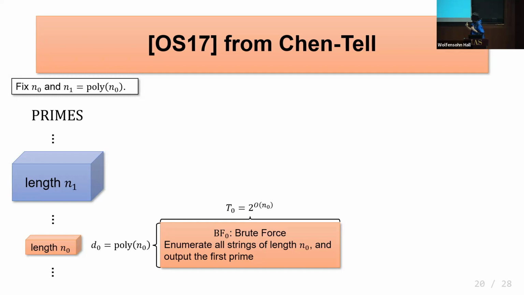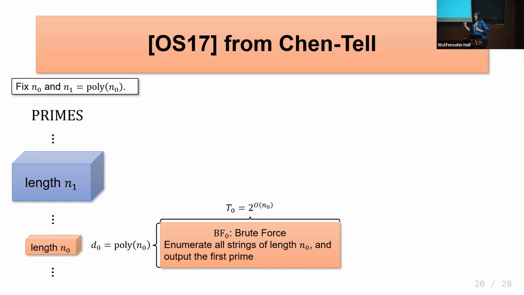Naively, we only have that it runs in 2^{n0} time. But the brute force algorithm has a good point: its depth is only poly(n0). You just enumerate strings in parallel, run AKS on each string, and gather the information. Low depth is all Chen-Tell needs.